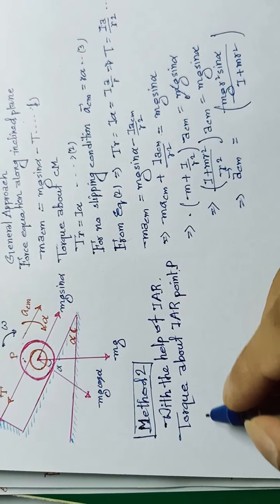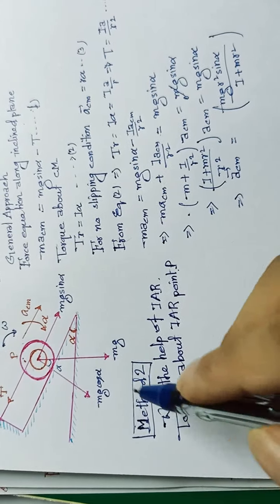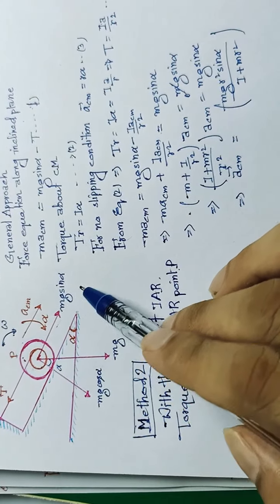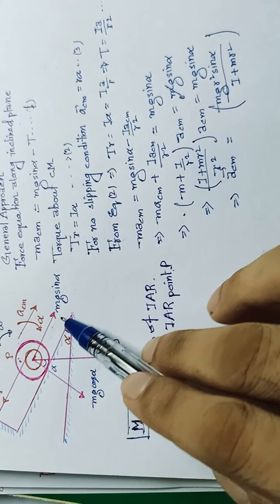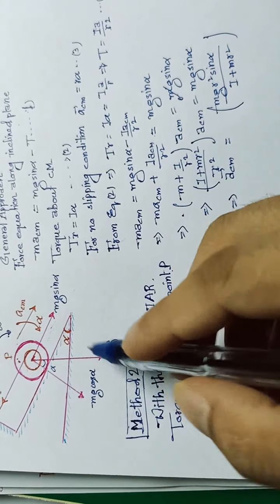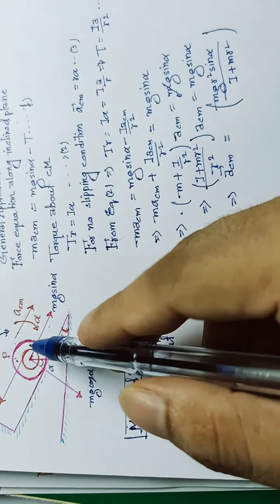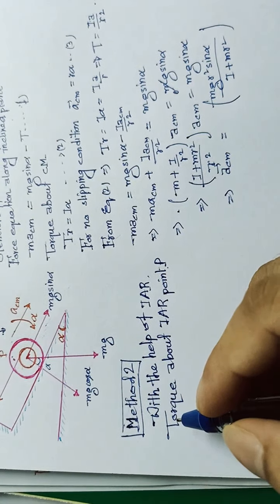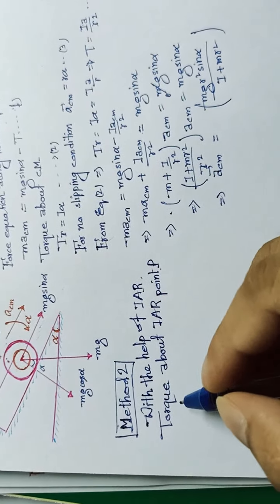Now the force mg sin alpha is the force passing through the center of mass, and its distance from the instantaneous axis of rotation is equal to r, the radius of the spool.